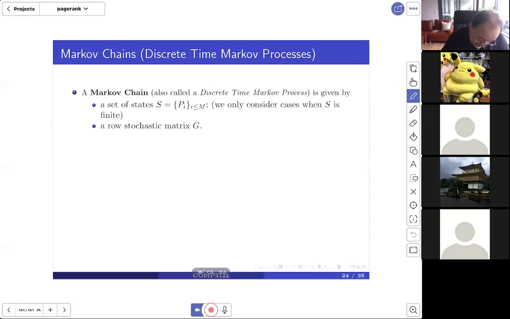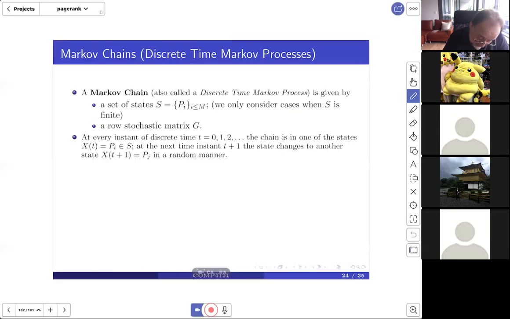So that this matrix can be interpreted probabilistically. How do we do that? A Markov chain starts in an initial state that can be chosen randomly out of all available states.